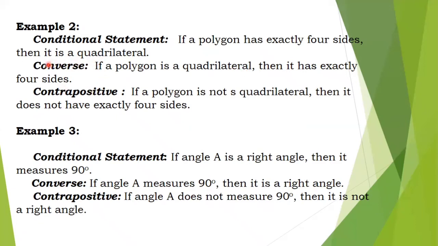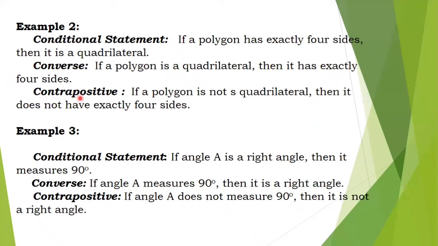So after getting the converse, you may now get the contrapositive. Tandaan, yung contrapositive, ang basis natin ay yung converse. So hindi ka kukuha ng contrapositive kung hindi mo pa nakukuha ang converse. Okay? Prerequisite. Prerequisite, ibig sabihin mahalaga na kukunin mo na yung converse bago mo kunin ang contrapositive.